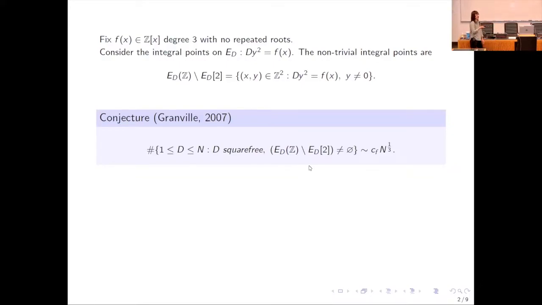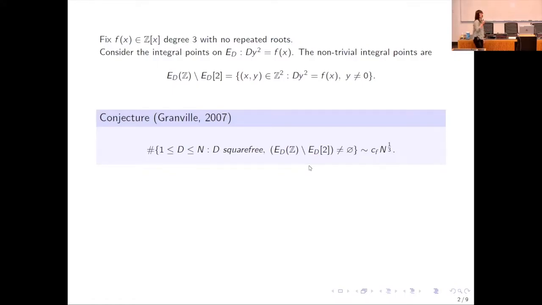Andrew also proved that if you assume ABC, and the degree is strictly greater than 3, then you get some power saving for this count. So the ABC conjecture implies some power saving in the case that f of x has degree strictly greater than 3.